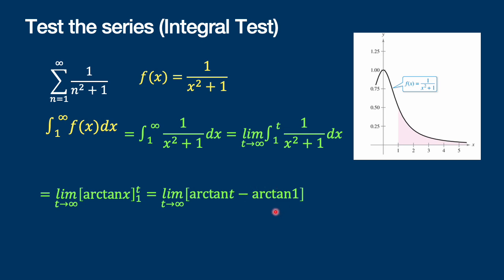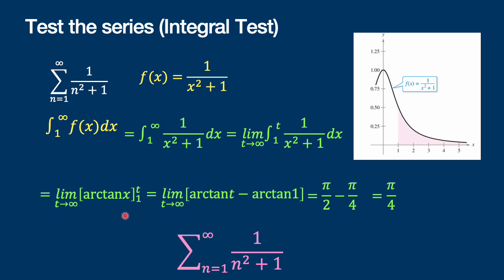Arctangent 1 is pi over 4. Arctangent t, as t approaches infinity, is pi over 2. The answer is pi over 4, which means the improper integral converges to pi over 4. You're going to say this infinite series converges, not that its sum is pi over 4. No, we just know that it converges.